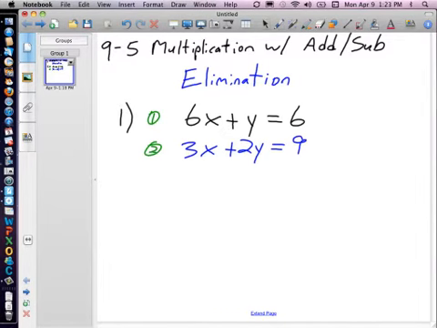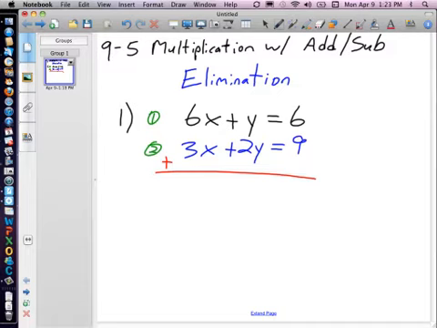Now, if you recall from the last set of videos on the elimination method with addition or subtraction, the coefficients of the variables have to be the same in order for elimination to happen. For instance, if I add these two right now, the 6 and the 3 are going to become a 9, so that did not eliminate.